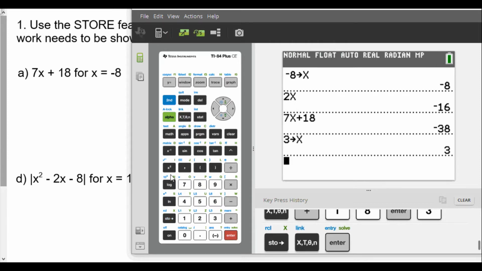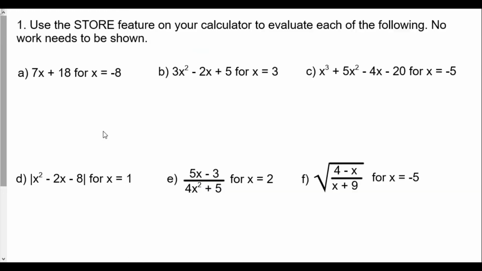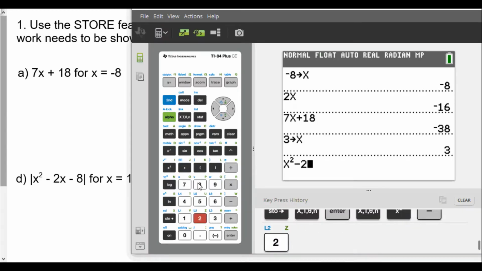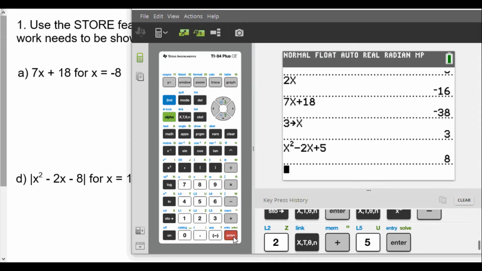And then x squared, so 3x squared, then -2x plus 5. Now the calculator plugs in our value of 3, and we get 8. I'll move this over a little bit here.